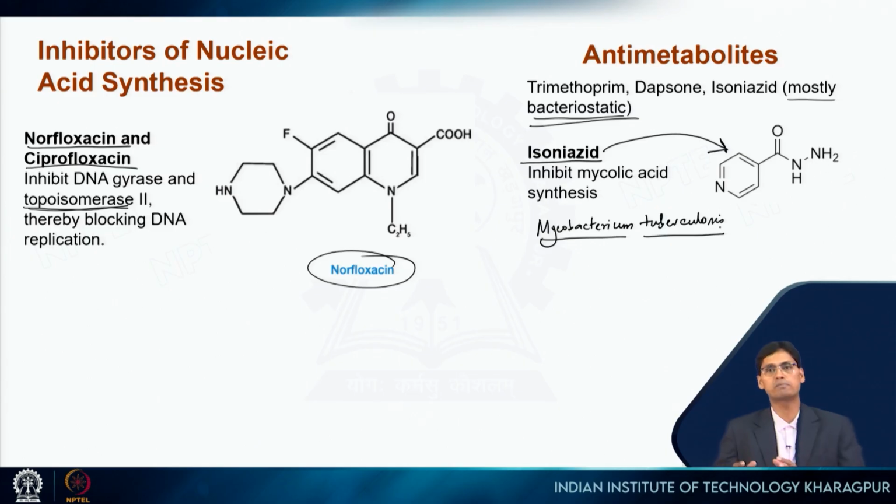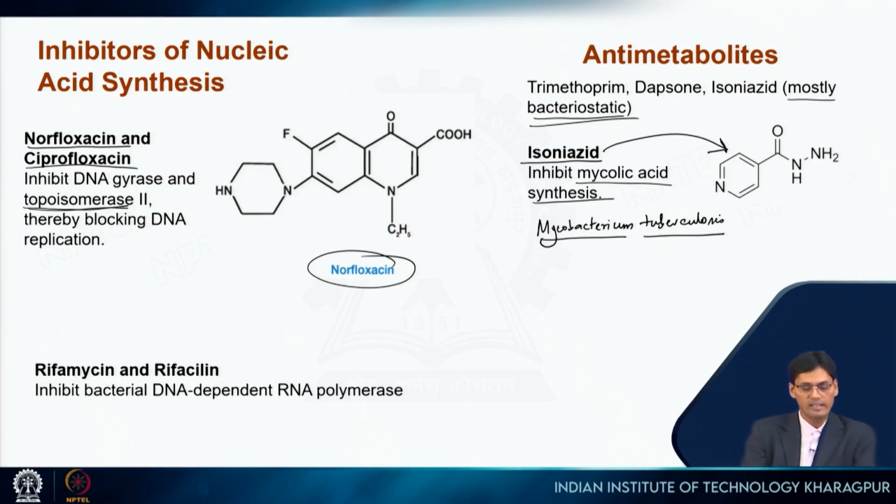So they have some special features. One of the special features is that they have mycolic acid on their surface. But this agent actually inhibits mycolic acid synthesis, and that's why the drug isoniazid is used against tuberculosis. This is a very important drug against tuberculosis. Okay.